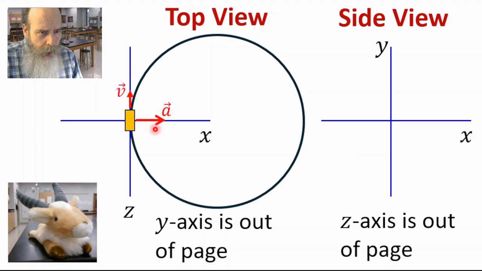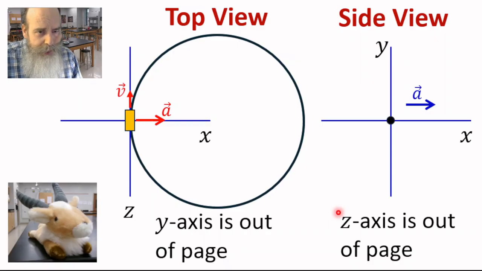Now let's draw a side view diagram, and what we want to do here is to draw a free body diagram showing all the forces acting on the car. Now here, the x-axis is the horizontal axis, and the y-axis is the vertical axis, and the z-axis is out of the page. This dot represents the car, and I will draw all the forces acting on the car. First of all, we have the direction of the acceleration.